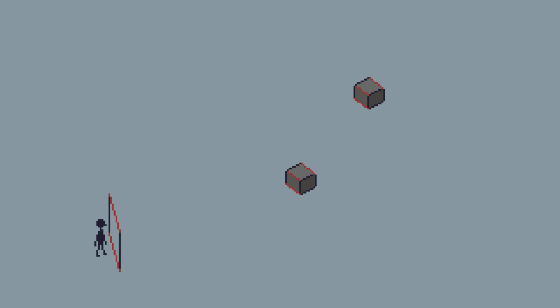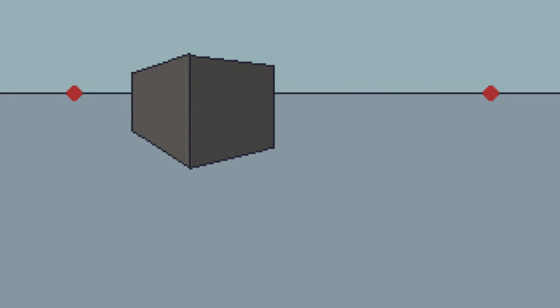However, this set of lines now is no longer parallel to the image plane. So instead of one set of lines not being parallel as before, we now have two sets of lines not being parallel to the image plane. And this means that we also now have two vanishing points instead of one for those two sets of lines. From the viewer's perspective, this then looks something like this.